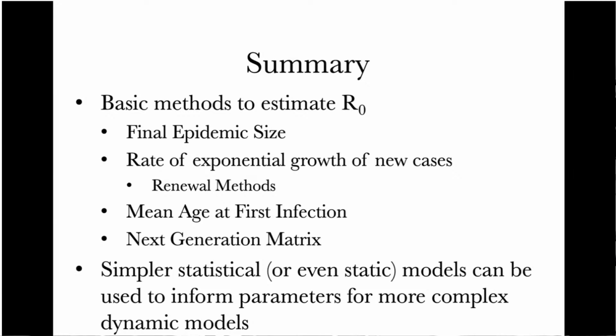You can use the early phase of the exponential growth in an epidemic with some simple statistical methods to also estimate R naught. In an endemic setup, and when you have the mean age at first infection, the only other thing you will need is basically the life expectancy, and you have a rough estimate of R naught.